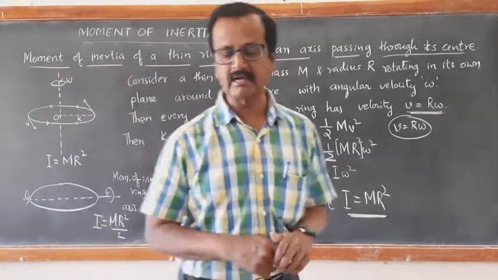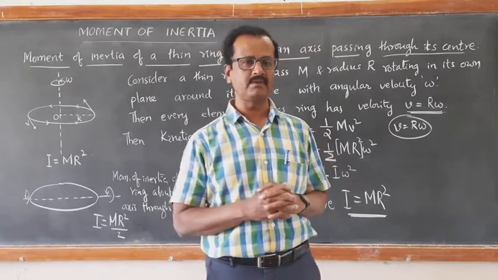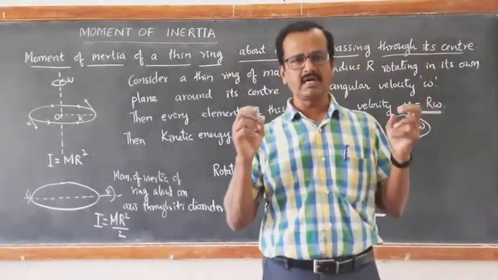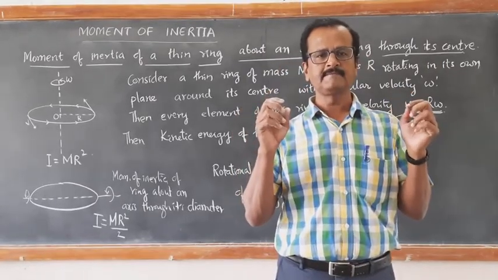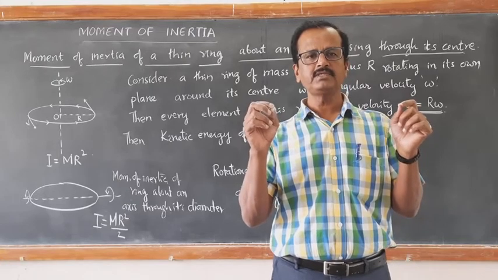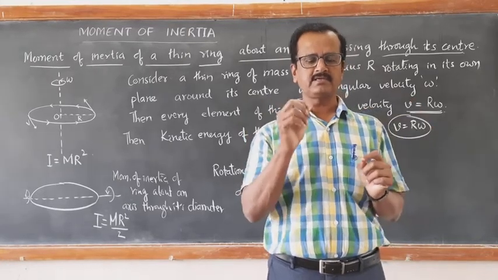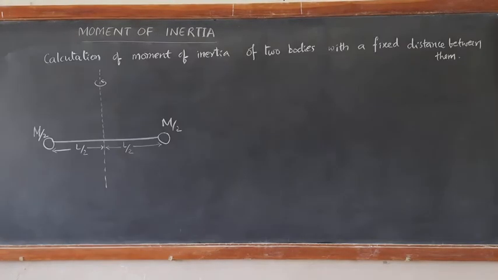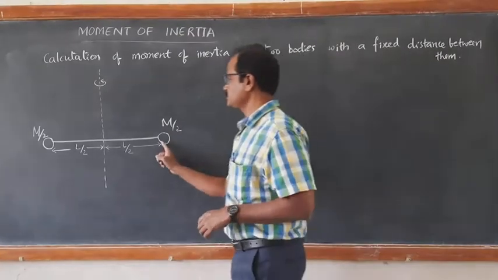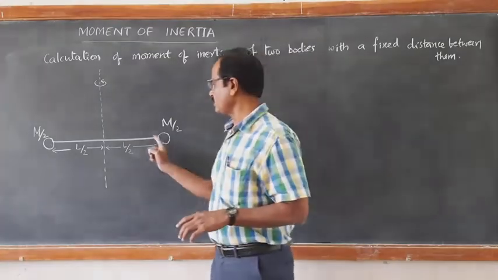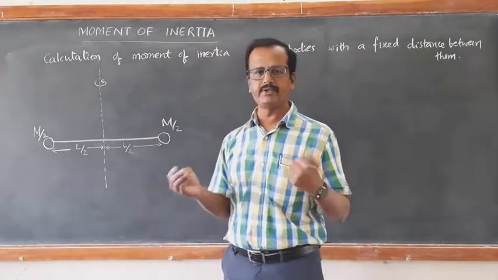Now let us calculate one more simple example: the moment of inertia for a system of two masses which are held at a distance L from the axis of rotation. How to calculate the moment of inertia? Consider a system of two particles. Together the mass is M and they are of equal masses, say M by 2 each.